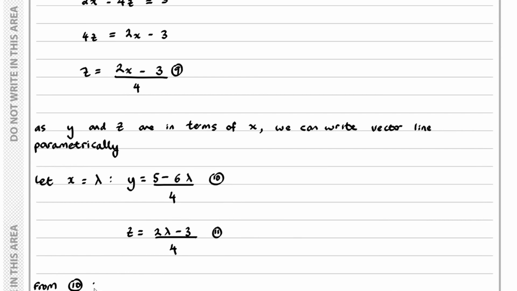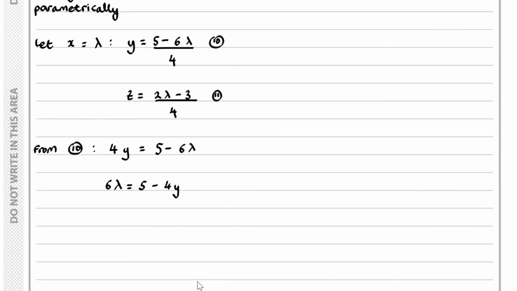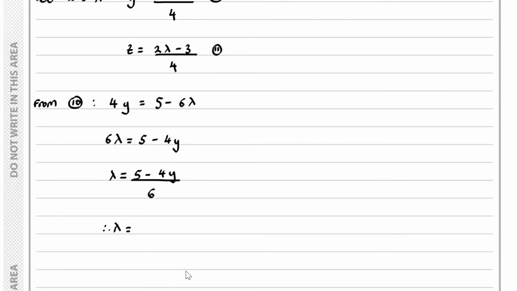So from equation 10, multiplying through by 4 first of all, we've got 4y equals 5 minus 6 lambda. 6 lambda is equal to 5 minus 4y, and therefore lambda is equal to (5 minus 4y) over 6. So if we simplify this, lambda is equal to minus 2/3 y plus 5 over 6.